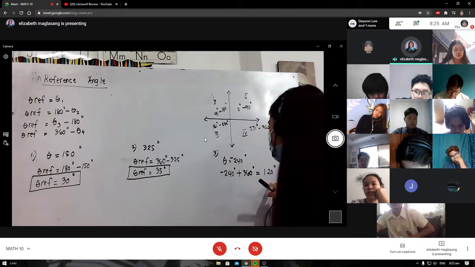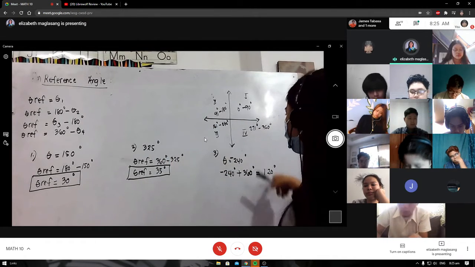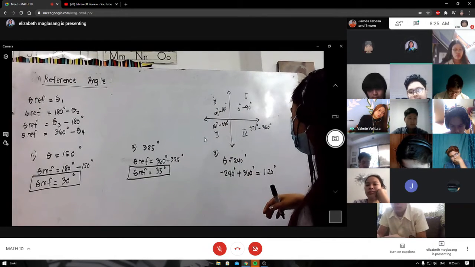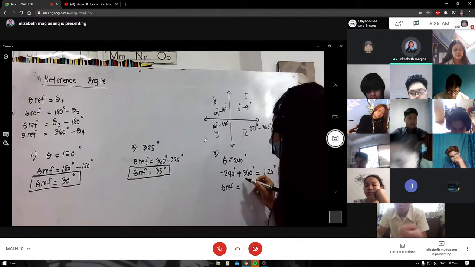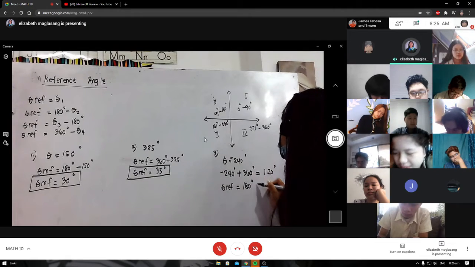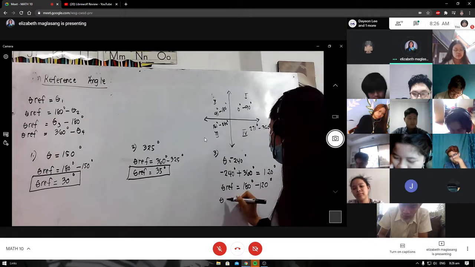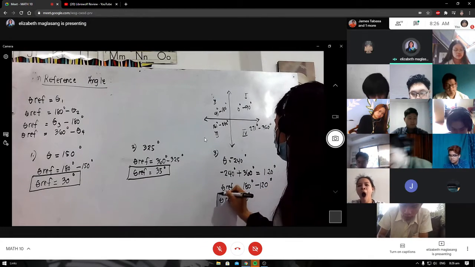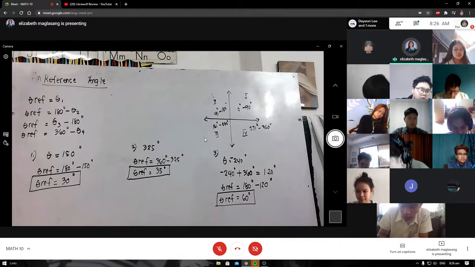Now that's the time that you are going to find the reference angle. 120 degrees belongs to what quadrant? Quadrant 2. So reference angle equals 180 degrees minus 120 degrees, equals 60 degrees. So this is your reference angle. Do you follow, Grade 10?